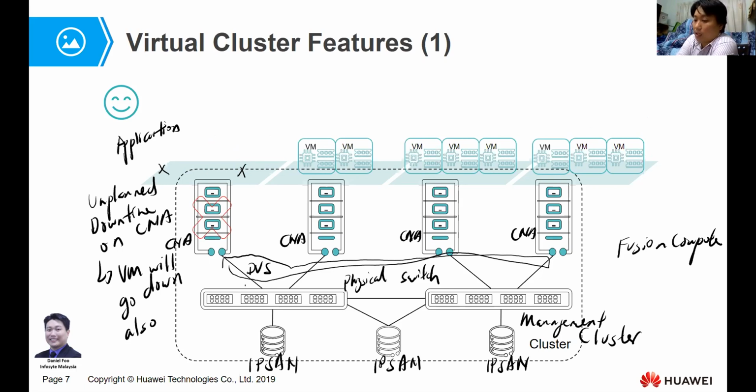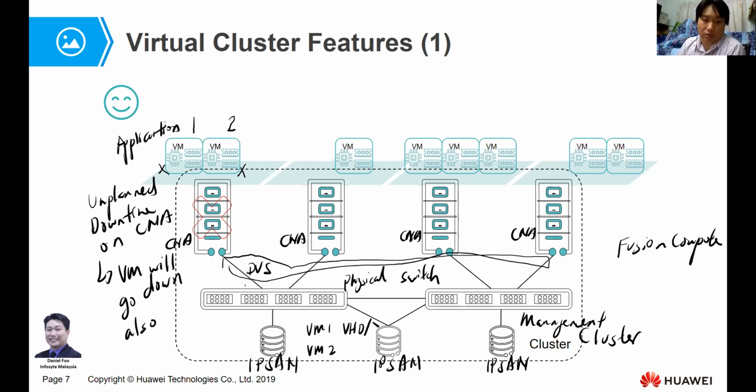Another thing here: in order to provide this functionality, your virtual machine requires to run, for example, VM1 and VM2, with VHD and also XML file, which need to be in the shared storage.